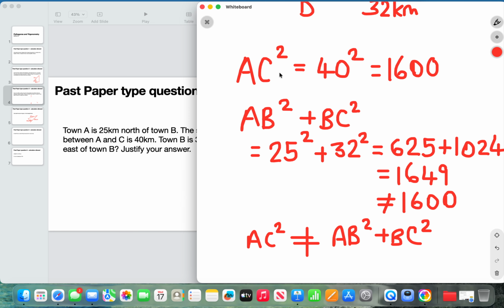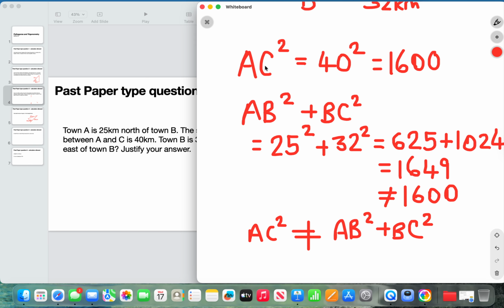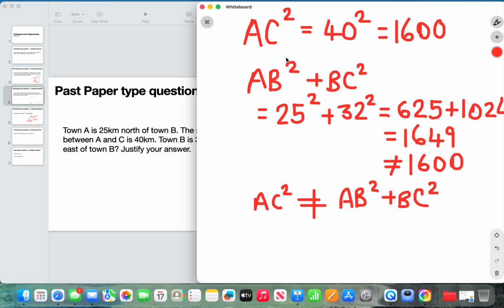Do not ever write that in one of these converse questions, because the idea is you don't know if it's right angled, and you have to show that it is or isn't right angled. So you cannot write that. As you see, we've found each of the components separately, but we don't claim that AC squared equals AB squared plus BC squared.